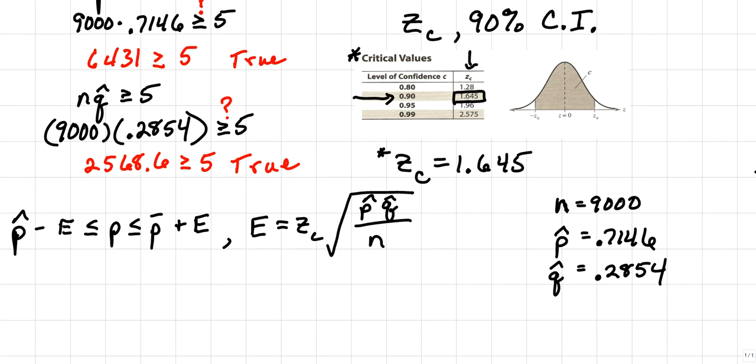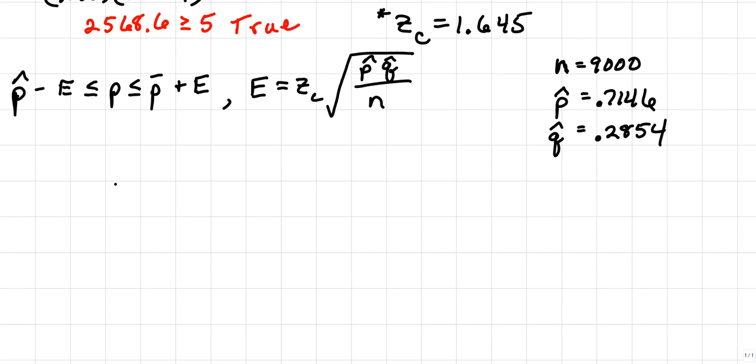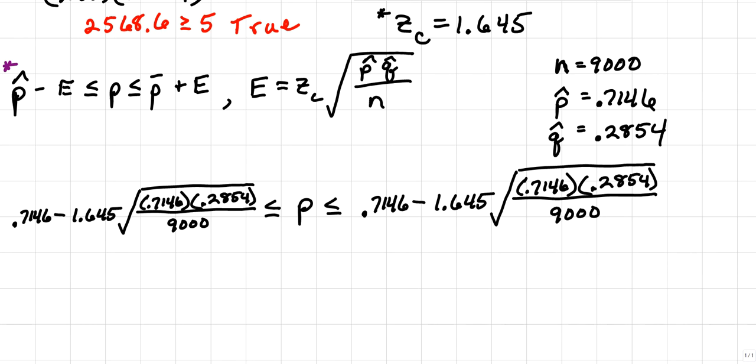So what I'm going to do is just write this out, and we'll start with this side of the confidence interval. And this is what it's going to look like.